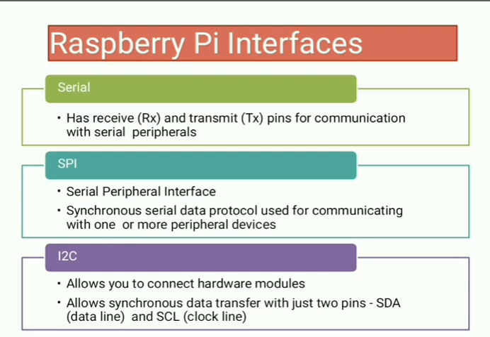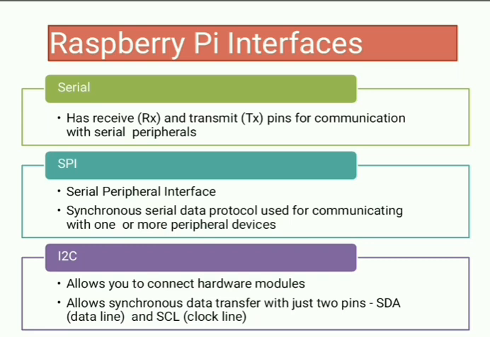So we'll see these three interfaces of Raspberry Pi one by one. First interface is the serial interface. Serial interface on Raspberry Pi basically has receive, that is RX, and transmit, that is TX pins for communication with serial peripherals. So the serial interface communicates with serial peripherals.